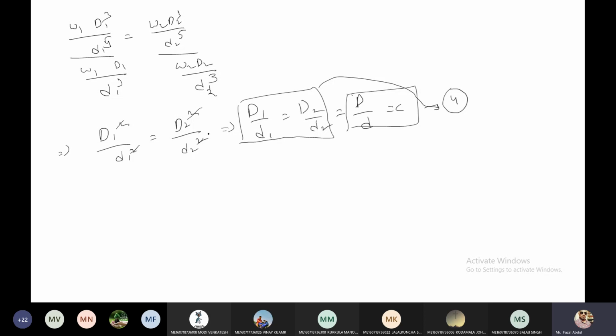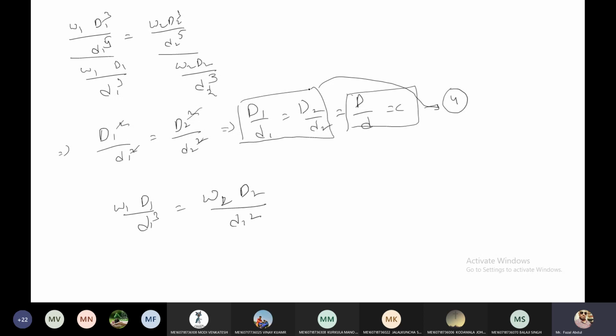Now the spring should be designed in such a way that the spring index for both materials is the same. From the first equation and the fourth equation, what can we write? The first equation is W1 into D1 by D1 power 3 equals W2 D2 by D2 power 3.